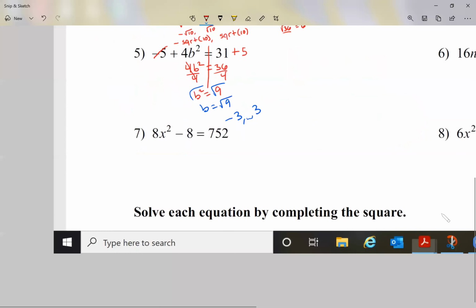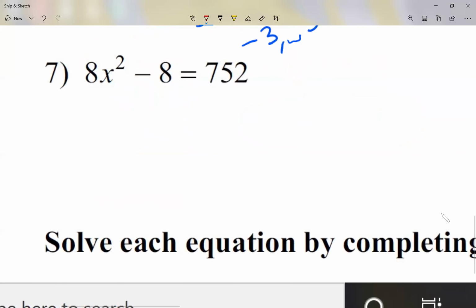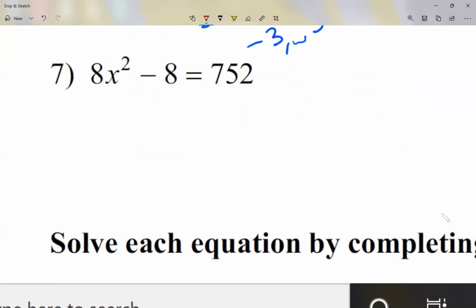All right, let's take a look at number 7. Numbers are going to get a little bit bigger now. Let me separate them through the equal sign. This minus 8, let me move it to the other side as a plus 8, thinking opposite operation. So 8x squared is equal to 760.